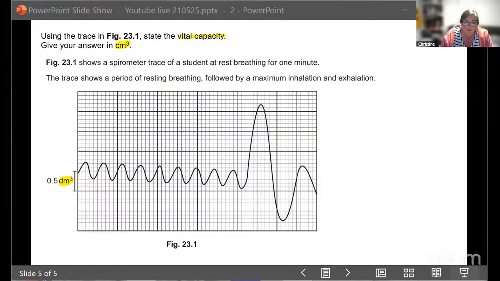So what they're looking for is, can you give an answer and do a conversion too? They're wanting the vital capacity. You should know that vital capacity is from the tip of the maximum inhalation down to the trough of the maximum exhalation. So we need to read across, and we know that each of these 5 is 0.5.